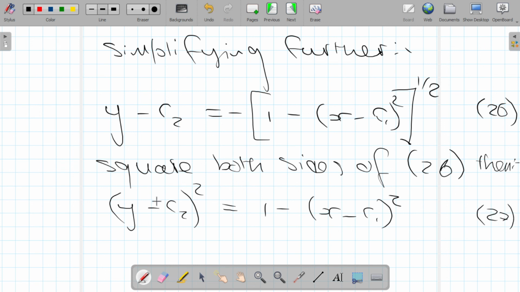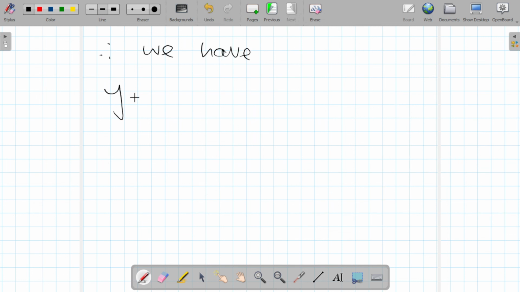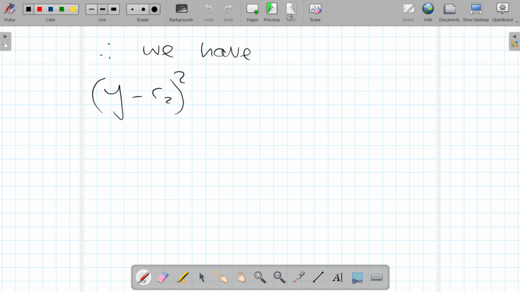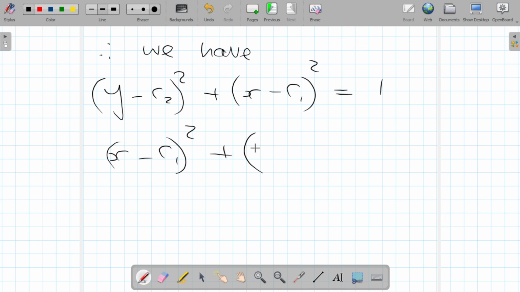And so we get y minus c2 all squared plus x minus c1 all squared equals 1. And you could rewrite that as x minus c1 all squared plus y minus c2 all squared equals 1.